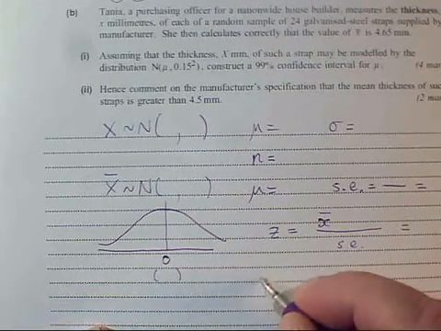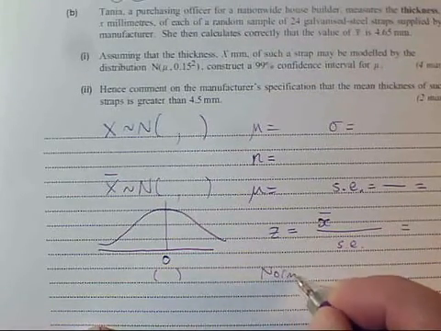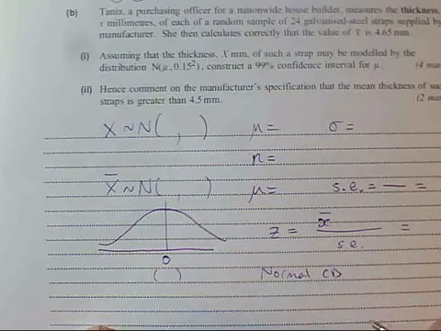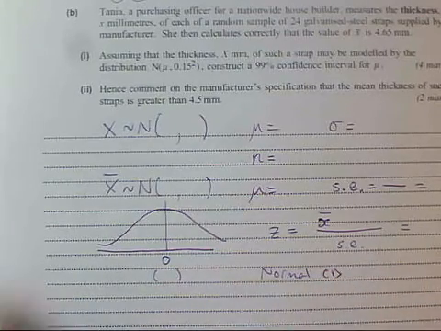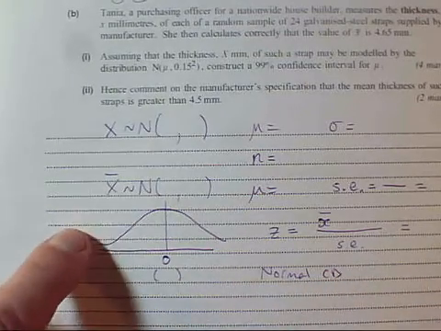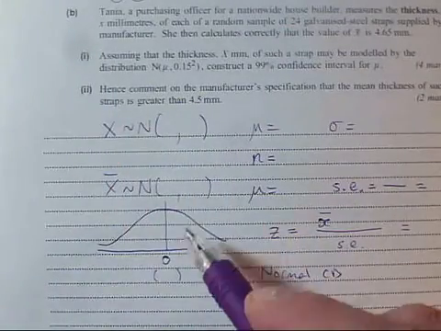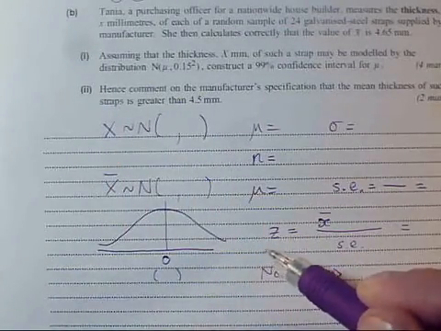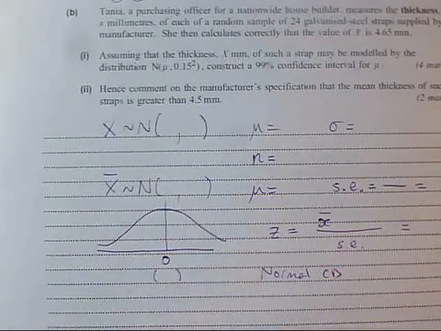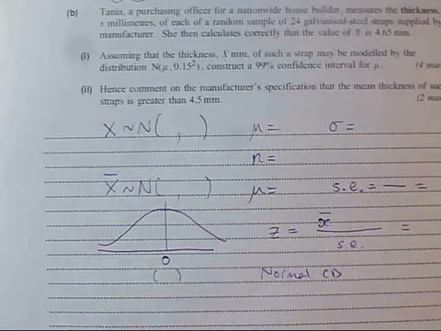It's a forwards question, so we're using normal CD. And you have to decide your lower and upper limit. So are you going from minus 99999 up to something, or are you coming from something up to plus 99999? So that's why your diagram is essential. So that was part A.